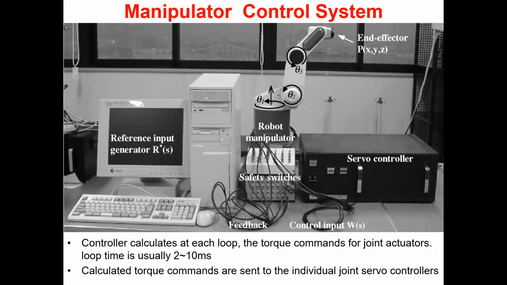Right. Now I want to show you the manipulator control system. Any robot manipulator has these components in the system. In fact, this is what I used for my PhD to test various control algorithms, trajectory planning, and so on.